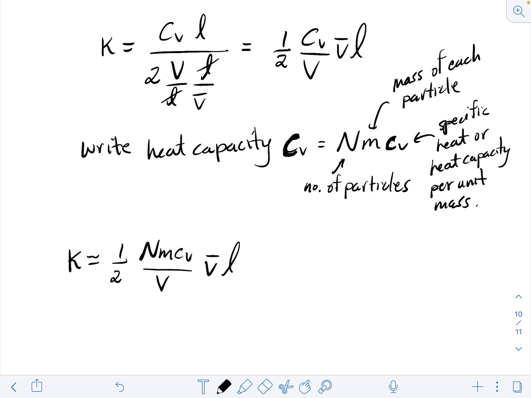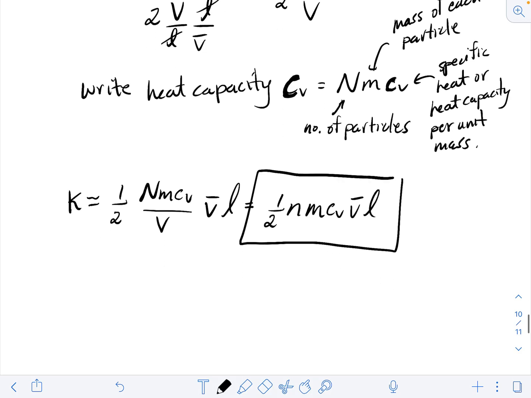But N divided by V is the number density, then the mass of the particles, the specific heat, the average speed, and the mean free path.